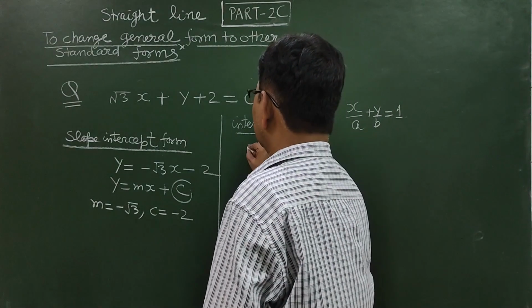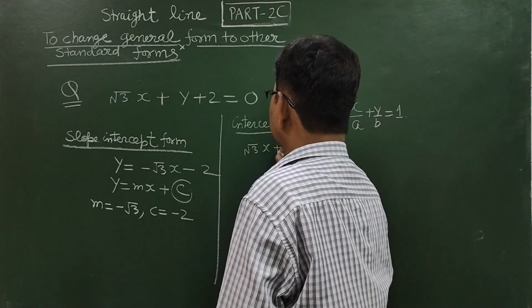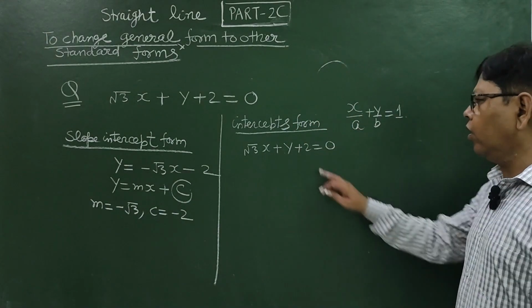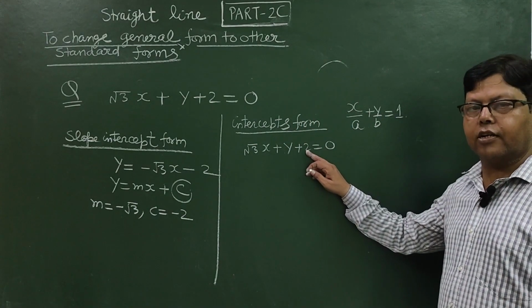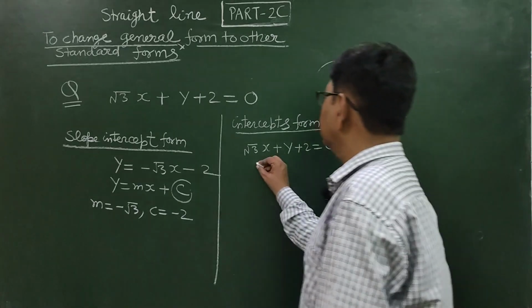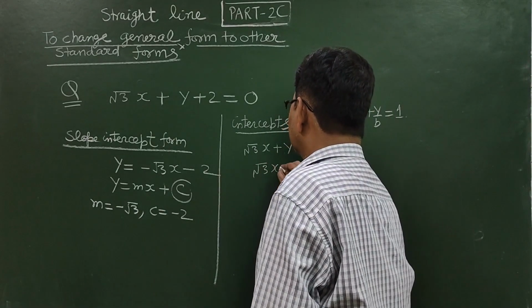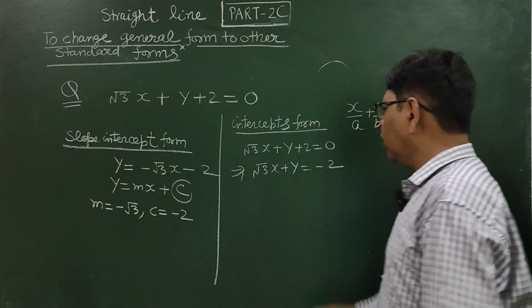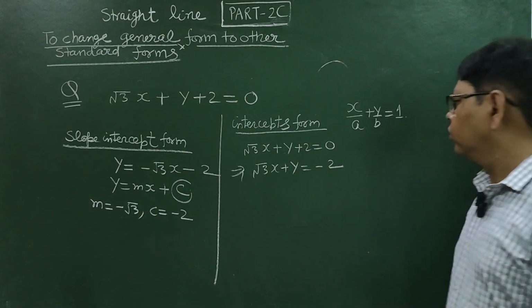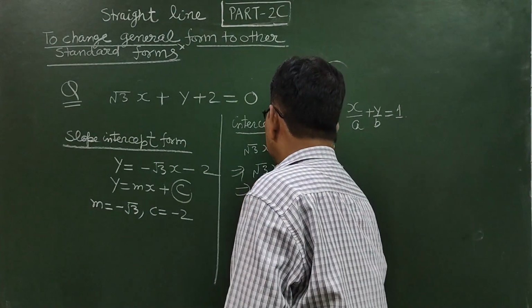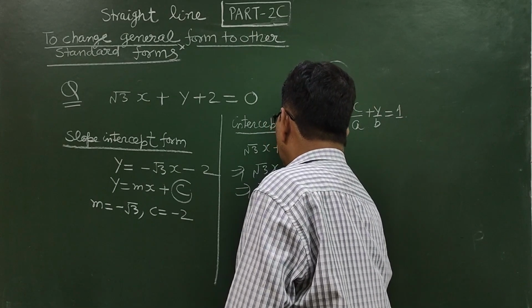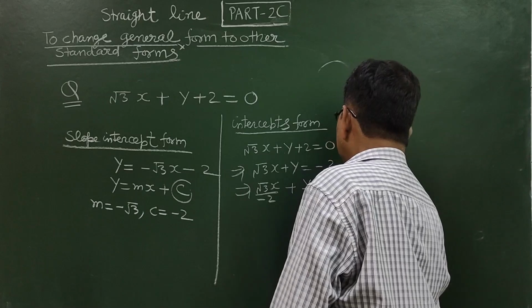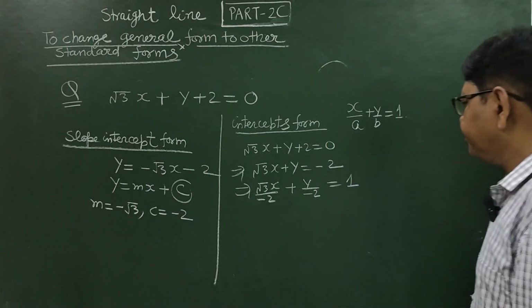So let us consider this: root 3x plus y plus 2 is equal to 0. Now transpose the constant term to the right hand side. Root 3x plus y equal to minus 2. Now dividing both sides by minus 2, we get root 3x upon minus 2 plus y upon minus 2 is equal to 1.